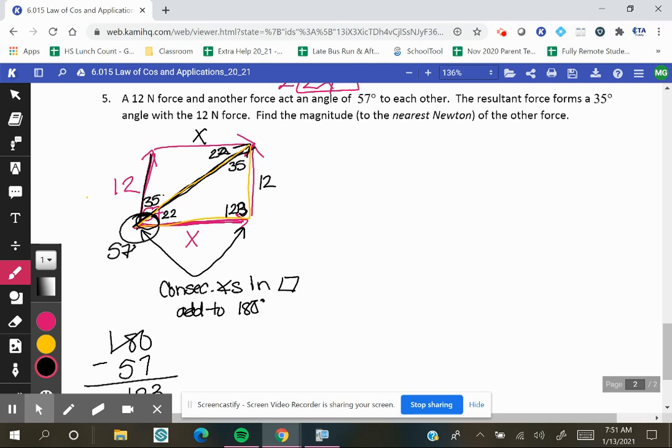So important to know that here for the future. So in this one, you can set up your law of sines. So go ahead, pause the video and set that up, solve it, and round to the nearest Newton. All right, so you should have gotten here that X is approximately 18 newtons, and you should have all of that work on your paper when I look at your notes.